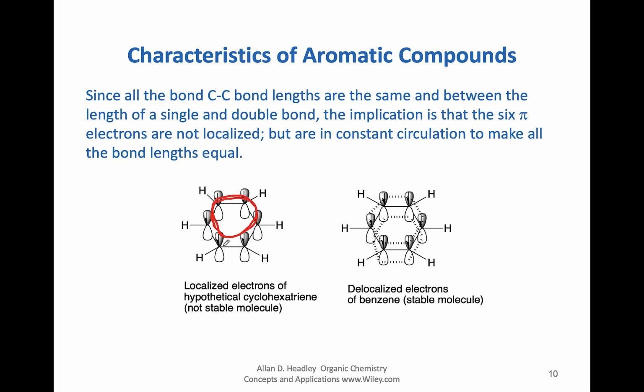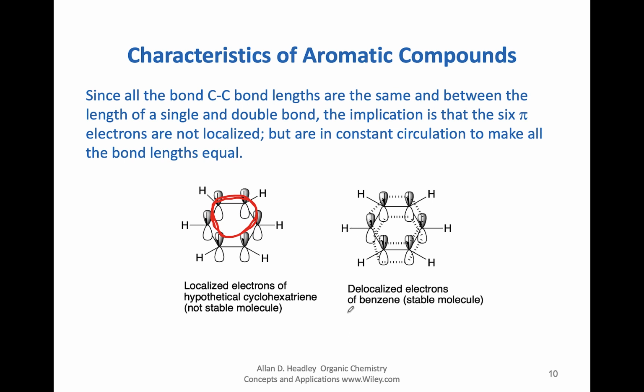Of course, as you know, there are 2 planes to a p orbital, above and below. So here's the representation. These 6 electrons are moving above and below the ring. Another way of putting that is the probability of finding those electrons above and below the ring is equal. It's like they're moving so fast.